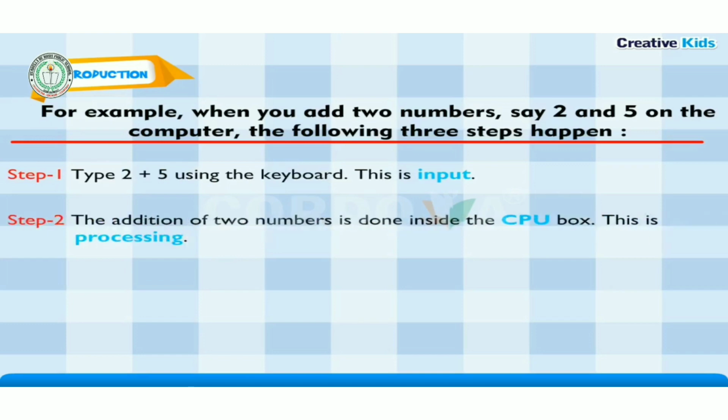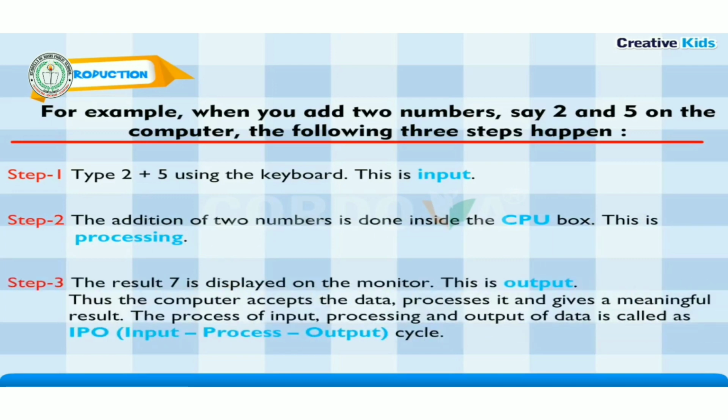Step 2. The addition of 2 numbers is done inside the CPU box. This is processing. Step 3. The result 7 is displayed on the monitor. This is output. Thus, the computer accepts the data, processes it, and gives a meaningful result. The process of input, processing, and output of data is called as IPO.